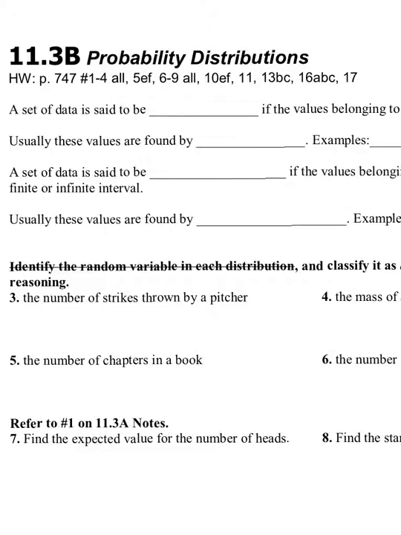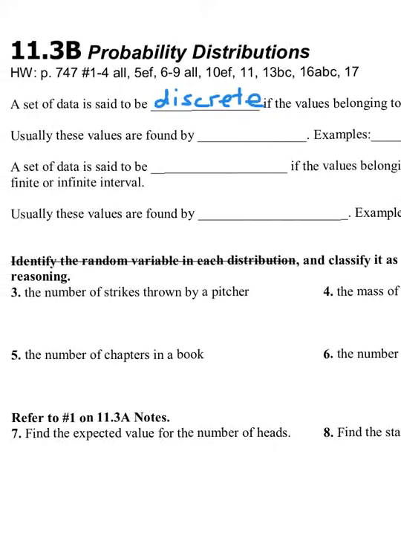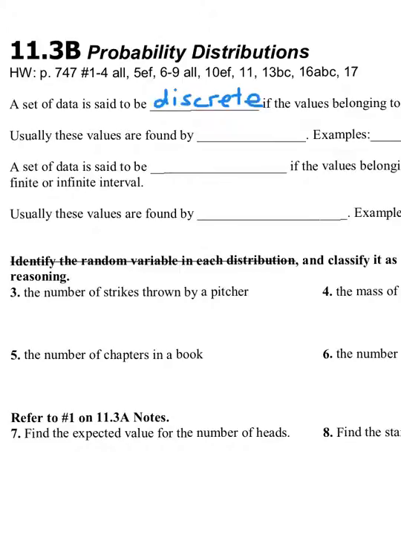A set of data is said to be discrete if the values belonging to the set are distinct and separate. Usually these values are found by counting. Notice we said usually, but not always. There are some exceptions.